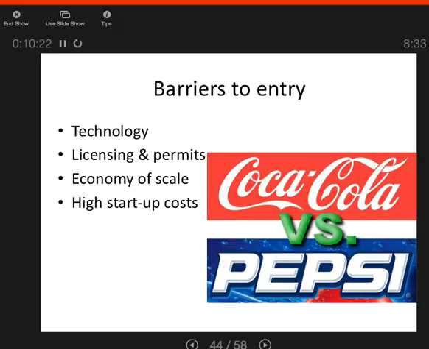Barriers to entry, usually there's going to be very high technology. Licensing and permits are probably going to be difficult to obtain and learn about. The economy of scale, like we looked at with monopoly, just continues to fall as more and more consumers use the product, and there's high startup cost. So if you wanted to start your own soda company, it would be very difficult to do.